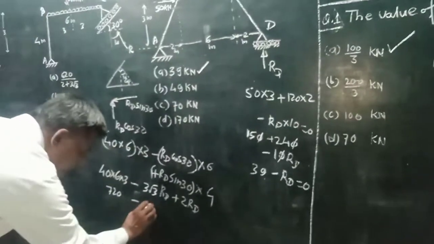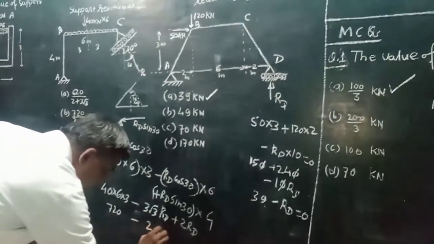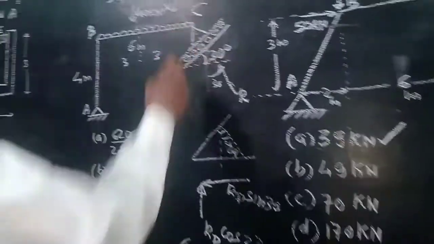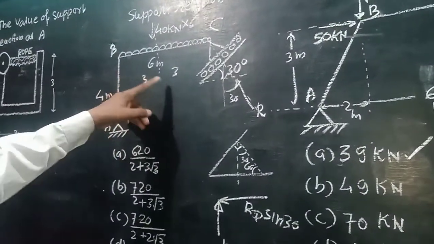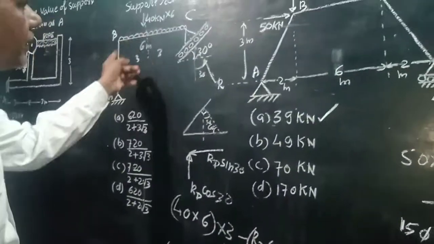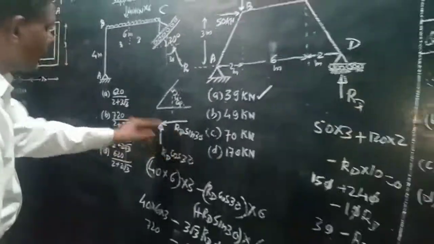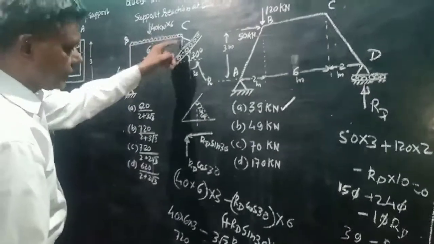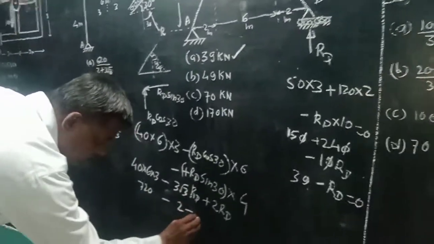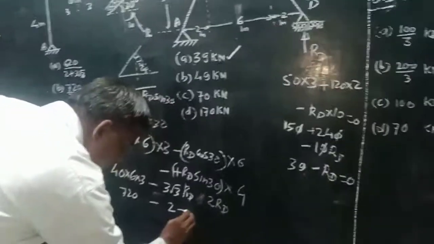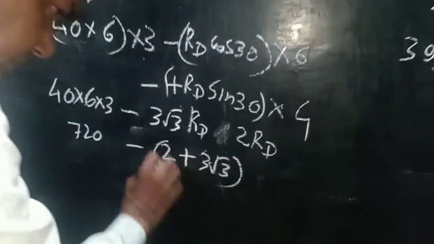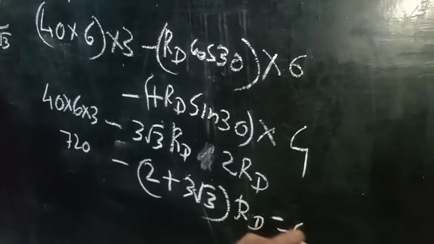In this question, RD acts here, applying moment about this point: RD cos 30 has a negative sign, and RD sin 30 also has a negative sign, because of its position. So this is minus 2 RD, minus 3 root 3 RD, is equal to 0.